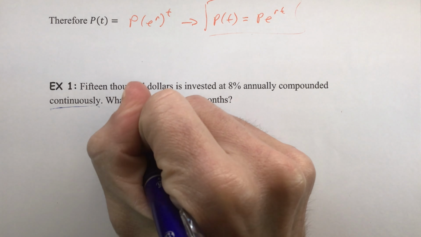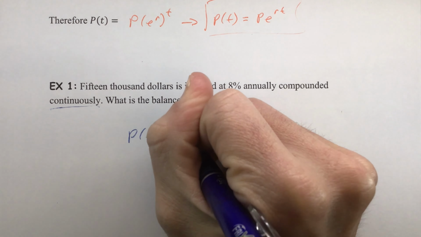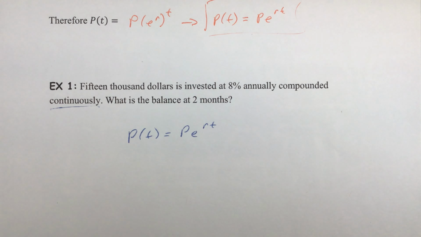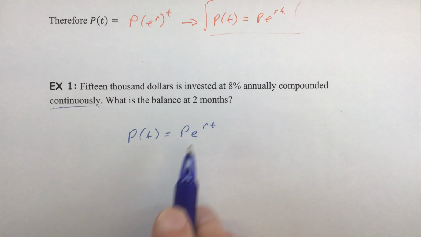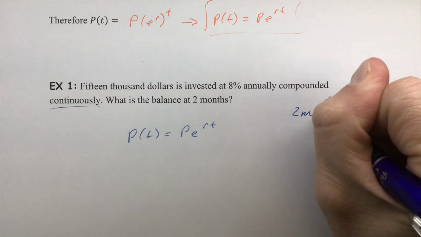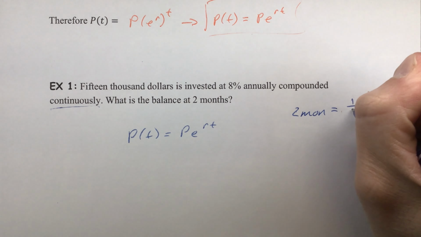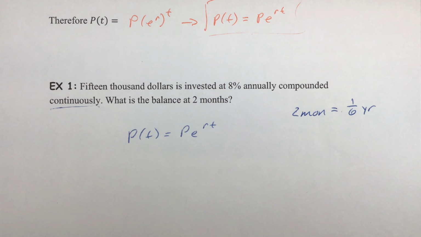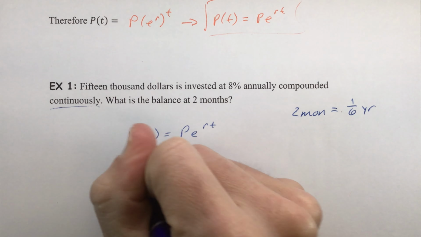So P of t is going to be equal to P times e to the rt power. We're going to be looking at 2 months, but t is measured in years. So 2 months out of a year, 2 months is going to be equal to 1/6 of a year. So our input is going to be 1/6.